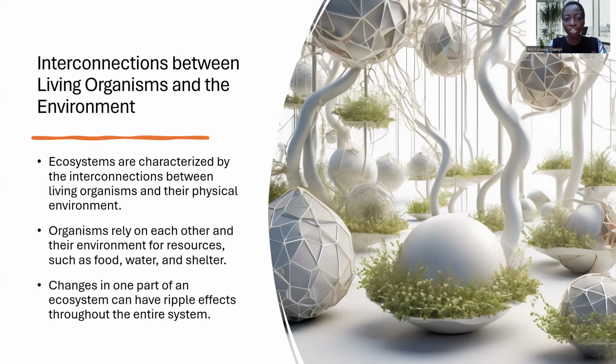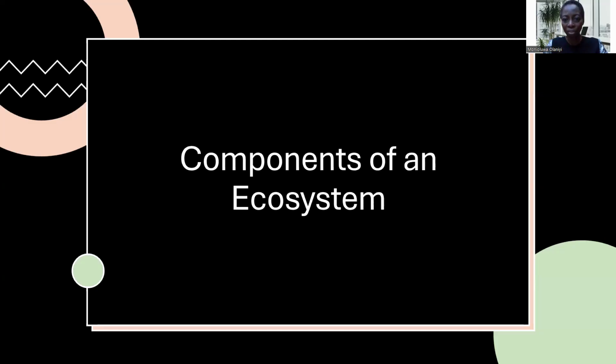Organisms rely on each other and also on their environment for resources like food, shelter, and water that they require for sustenance. And changes in one part of an ecosystem can have a multiplier effect or a ripple effect through the entire ecosystem.